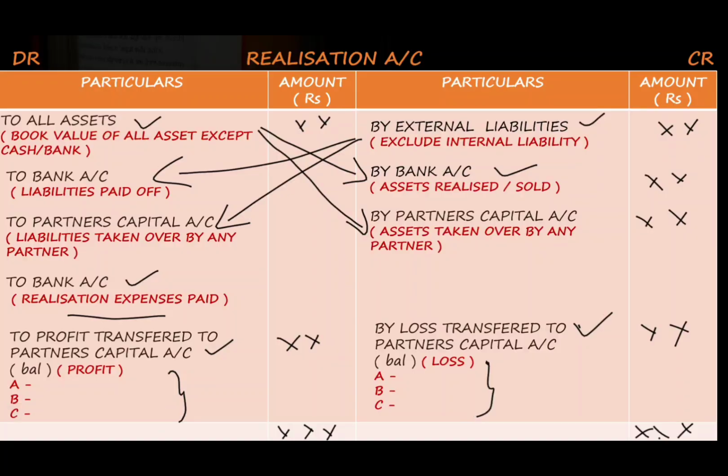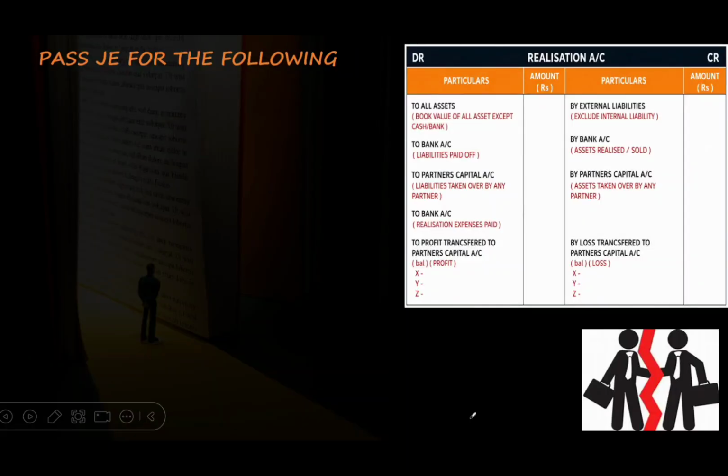Now before we see the partner's capital account, let's see how to pass certain important journal entries with the help of the realization account. First, let's see how to transfer the assets to the realization account. Just see the account we had prepared. How did we transfer the assets from the balance sheet?